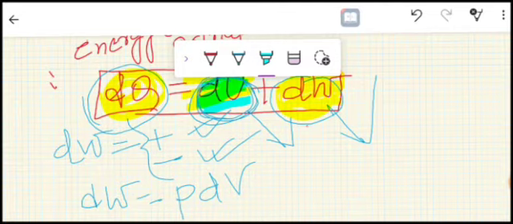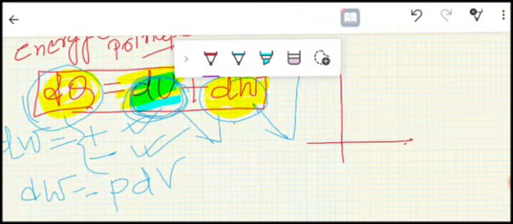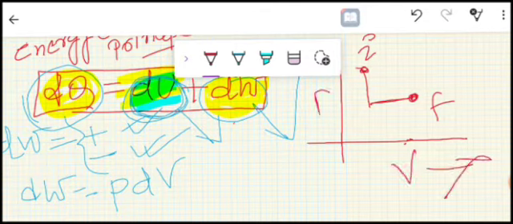Now, why dW is path variable? To explain this, we have to consider the adjacent figure. Suppose this is the initial and this is the final state. This is initial point and this is final point in the indicator diagram, PV indicator diagram.